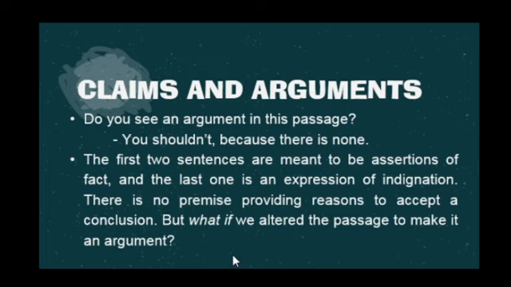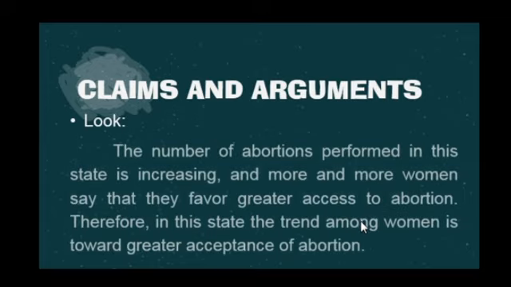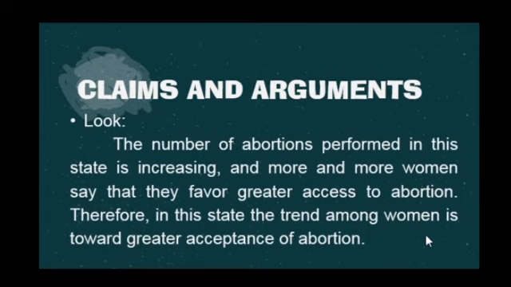But what if we alter the passage to make it an argument? Consider this example again. So this is a revised paragraph. The number of abortions performed in the state is increasing, and more women say that they favor greater access to abortion. Therefore, in this state, the trend among women is toward greater acceptance of abortion.